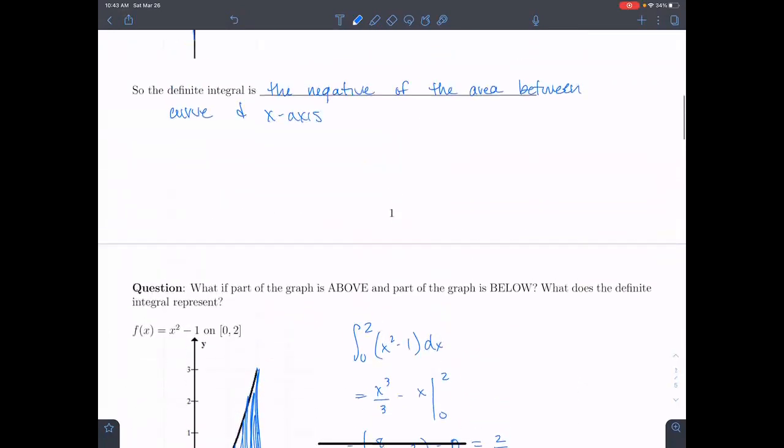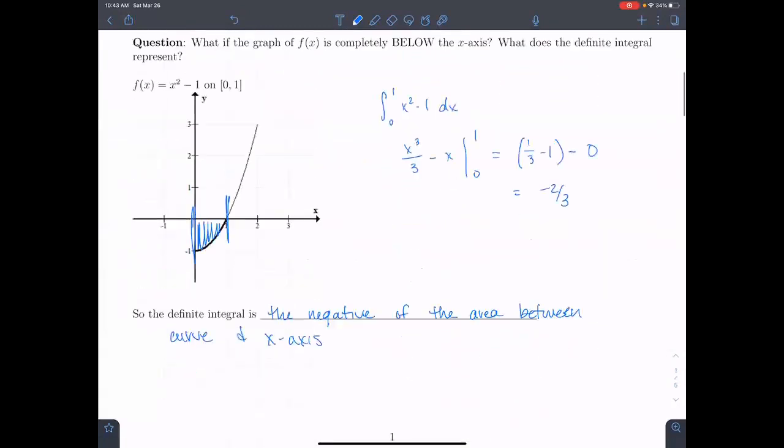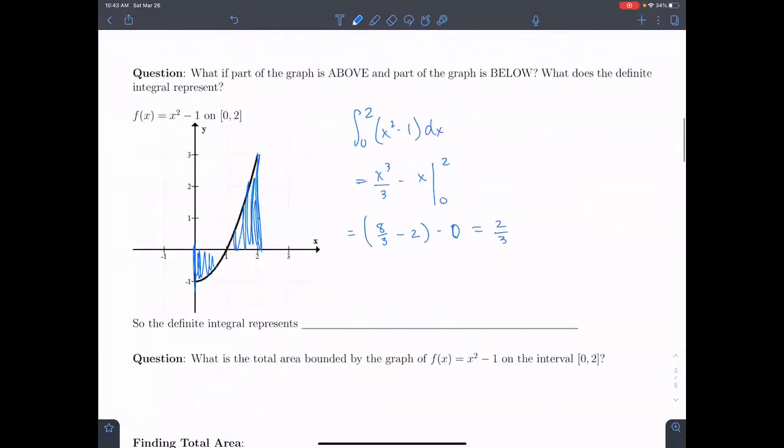So if we look back at what we did before, we got 4/3 for the positive area, and negative 2/3 for the stuff underneath, and 4/3 plus negative 2/3 is 2/3. This is the area above, and this is the area below, and this is the definite integral there.